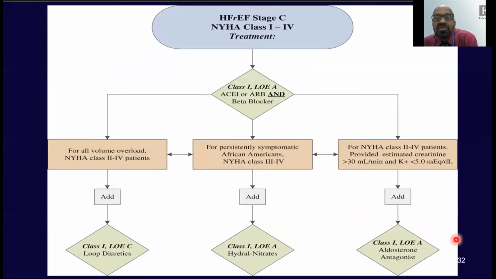Now coming to the recent guidelines about the treatment of heart failure in patients who have heart failure with reduced ejection fraction in stage C, the ACE inhibitors and the angiotensin receptor blockers along with beta blockers are the primary treatment modalities, but the treatment then changes or is modified depending upon the personal characteristics of the patient.